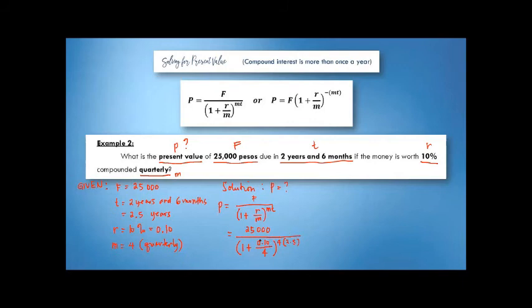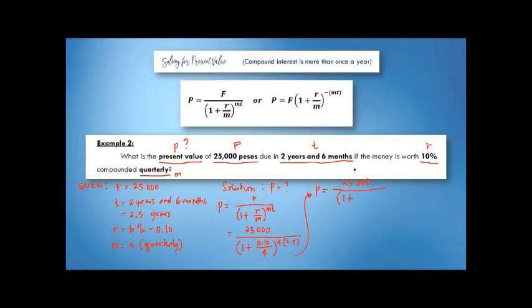Okay, so simplify natin to sa katong part na to. So pwede siyang maging ganito. P is equals to 25,000 divided by the quantity of 1 plus i-divide natin ang 0.10 divided by 4.